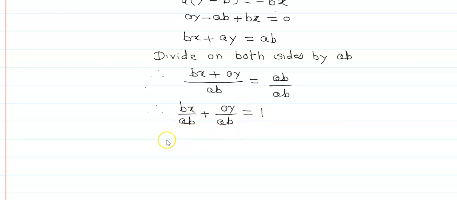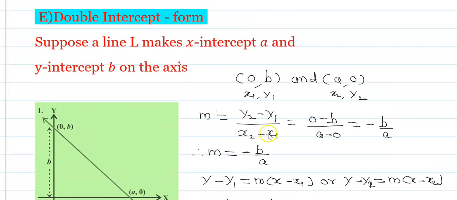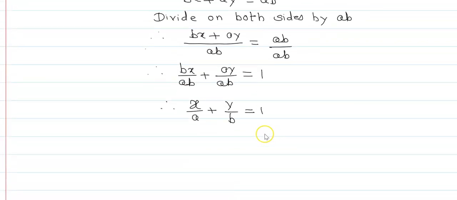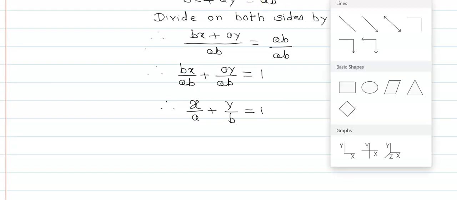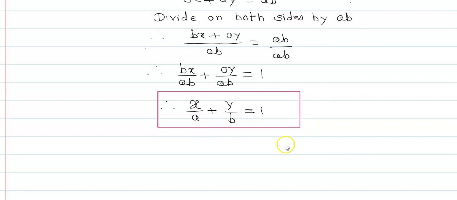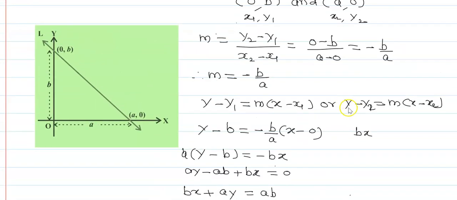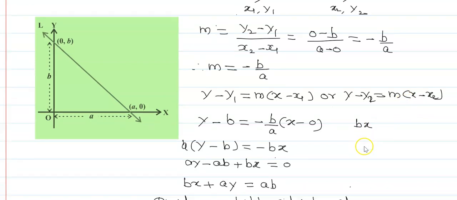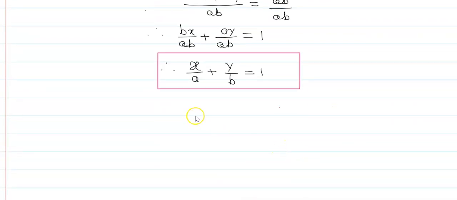Here b and b get cancelled, and therefore you will get x upon a plus y upon b is equal to 1. This is the equation of a line having the two intercepts, x-intercept a and y-intercept b. You can also take the point x2, y2 and you will get the same equation.